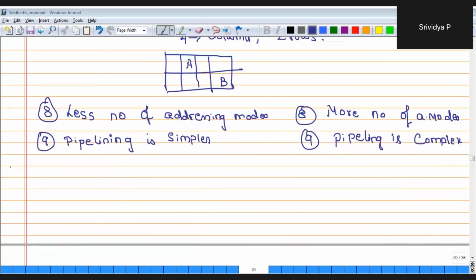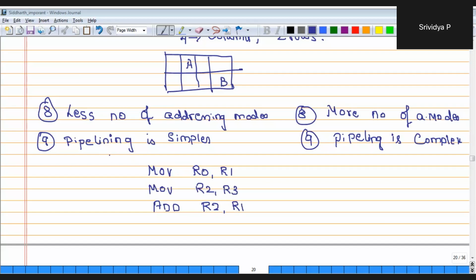So let's take one example. I have these instructions: move R0, R1; move R2, R3; add R2, R1. So what am I performing? I am moving contents of R1 to R0, moving contents of R3 to R2. Then I am adding contents of R1 and R2 and storing back in R2.